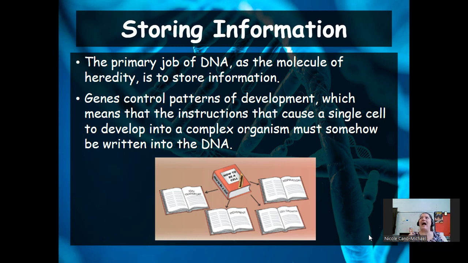How tall you get, how fast your heart beats, the development of your hair color, what skin tone you end up with, whether you are naturally bulky and put on muscle very easily, or whether you are somebody who, no matter how much you eat, stays trim or thin. That is all information found in your genetics.